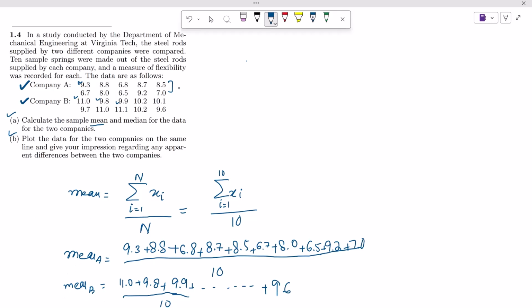To find out the median for them, you have to sort them. So let me sort it in ascending order.